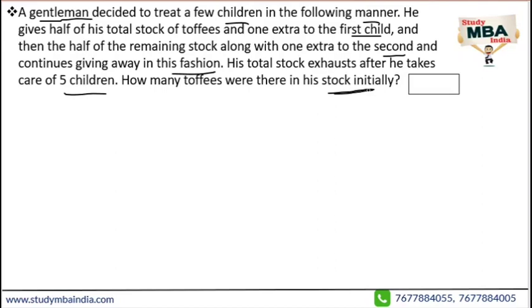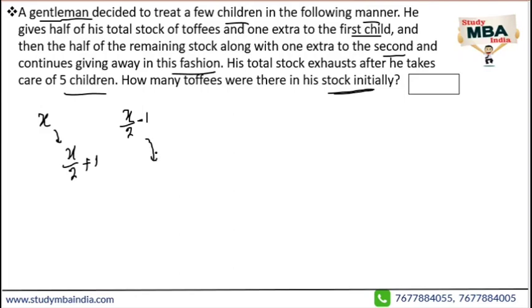As we know, after giving to the fifth child, he is left with zero toffees. What he started with, that is the question. Suppose he started with x. What he gave to the first child is x/2 plus 1, so he is left with x/2 minus 1.